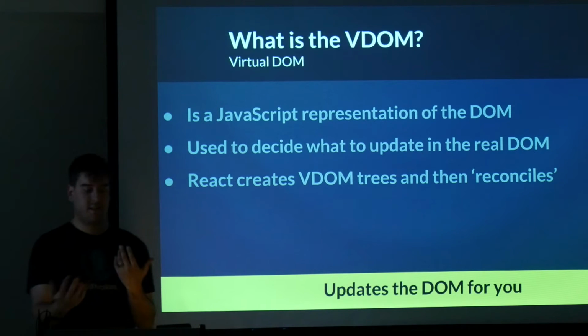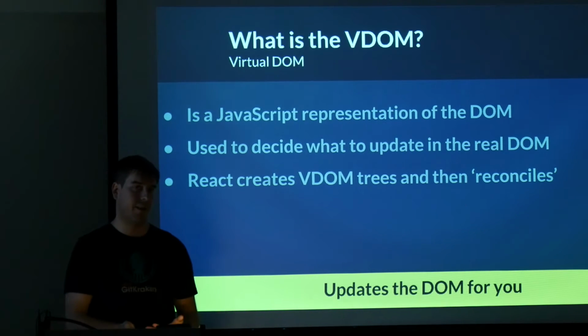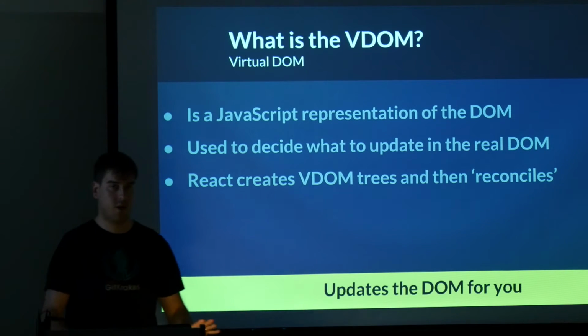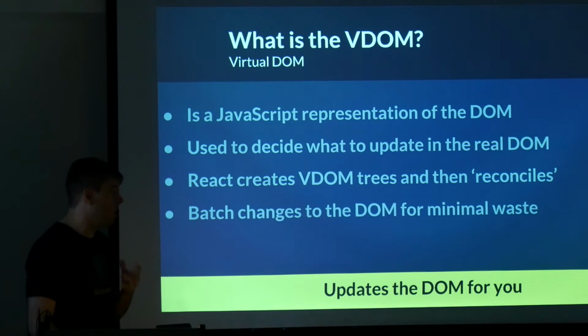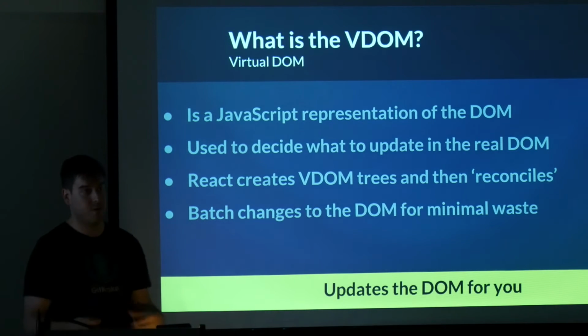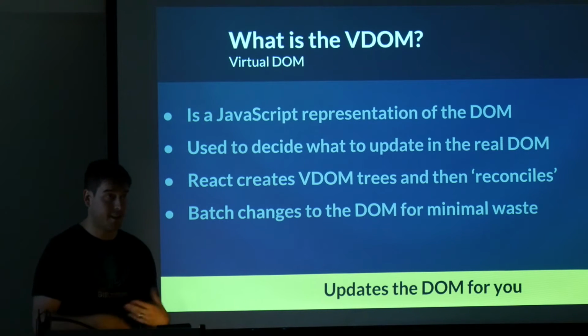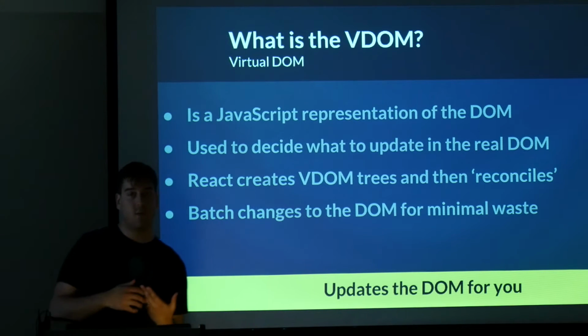And we build a difference between the two. And when we have a difference, we can target only the things that have changed. So that's what the big deal about this VDOM is. It also allows us to batch those changes to the DOM for minimal waste. And again, that's done because we can run several snapshots faster than we can even write to the DOM.